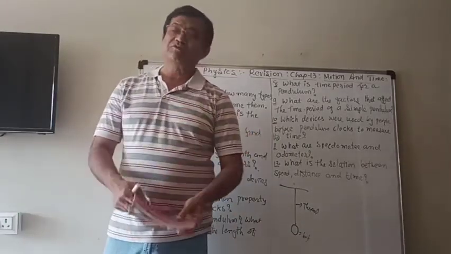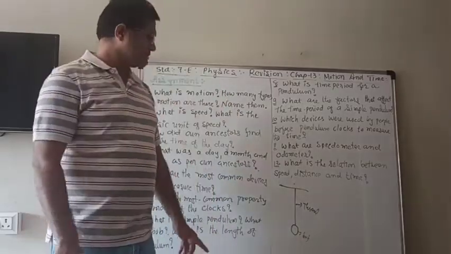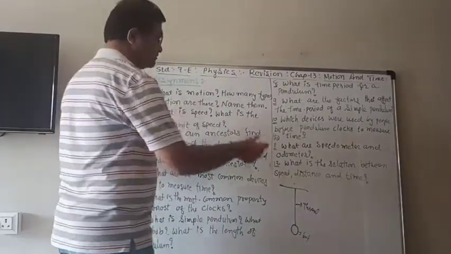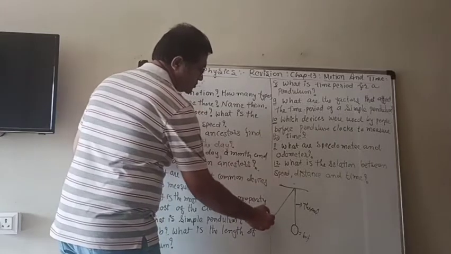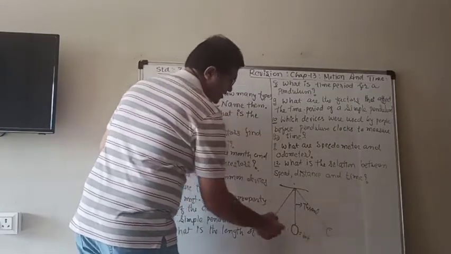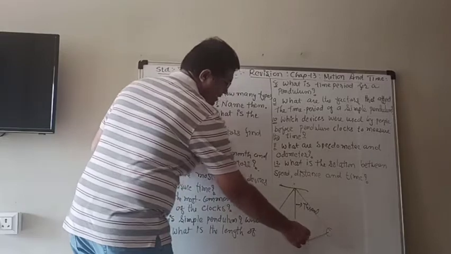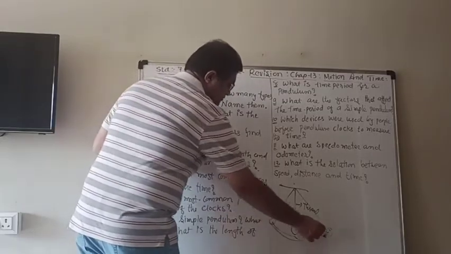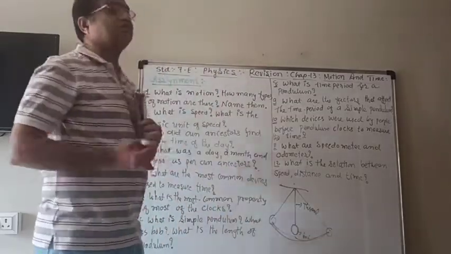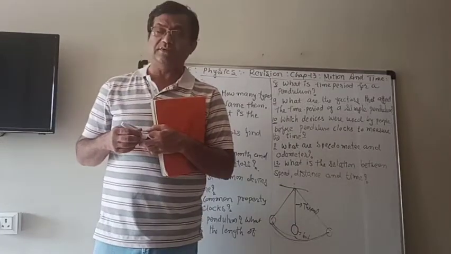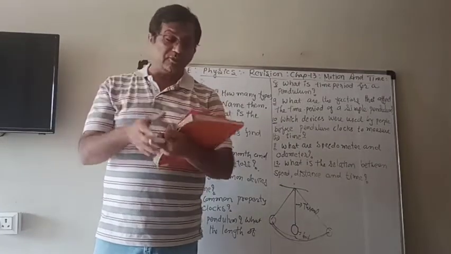The pendulum completes one oscillation when, released from here, it goes to the middle, goes to the other side and comes back.